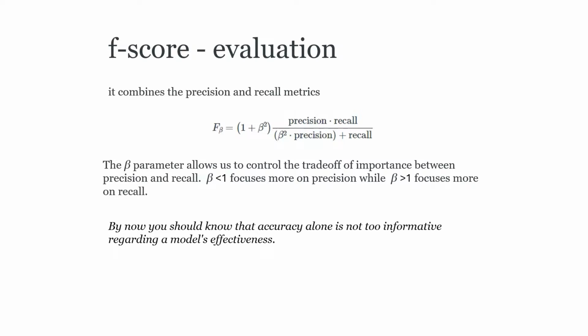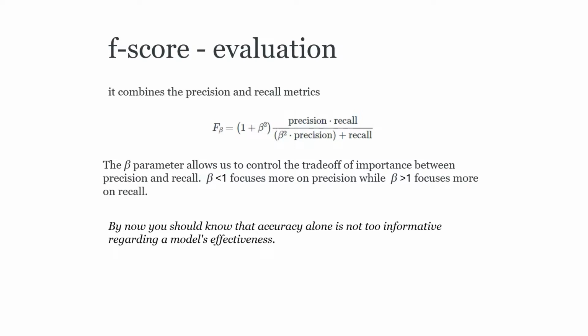Sometimes we just substitute beta 2. What does it mean if beta is 2? It focuses more on recall. And the other possibility is beta equals 0.5. Usually no other possibilities.